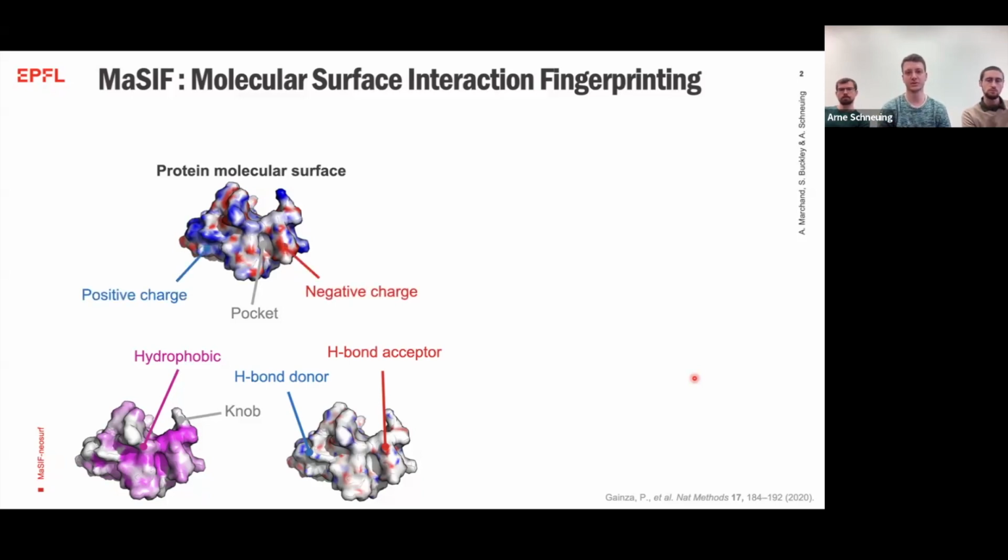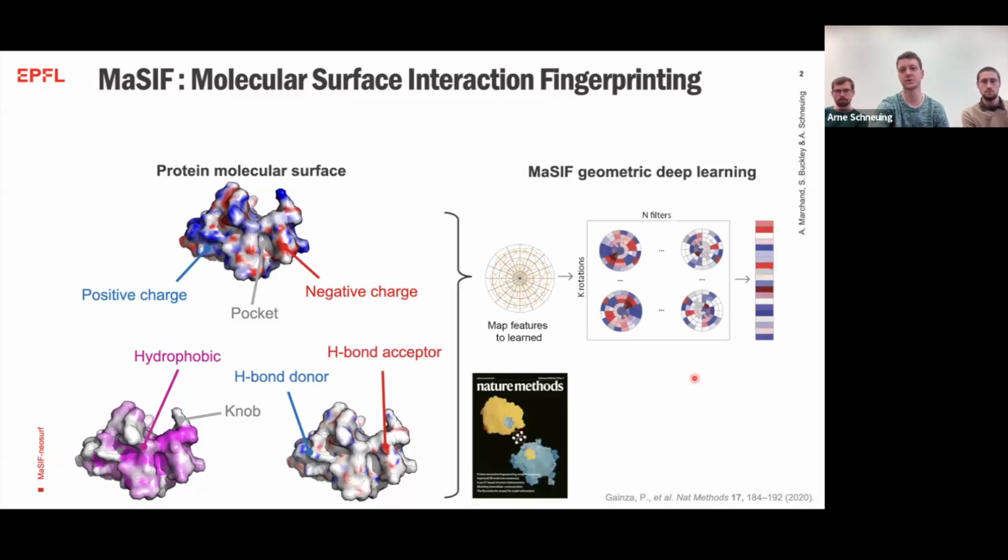All these features are assigned to the surface vertices, and then we apply some form of a geodesic convolutional neural network on top. So all these kernels are learned, and we get a learned fingerprint descriptor out. And as I mentioned before, this method is rather old. It was originally published in 2020 in this Nature Methods publication down here.